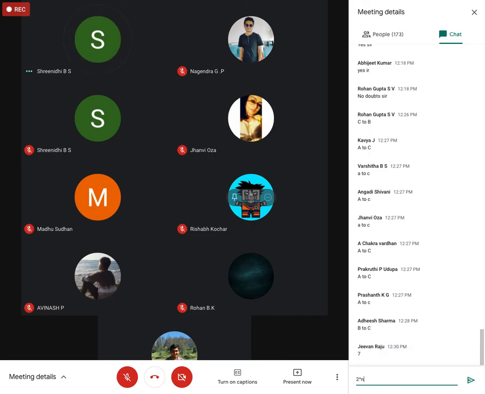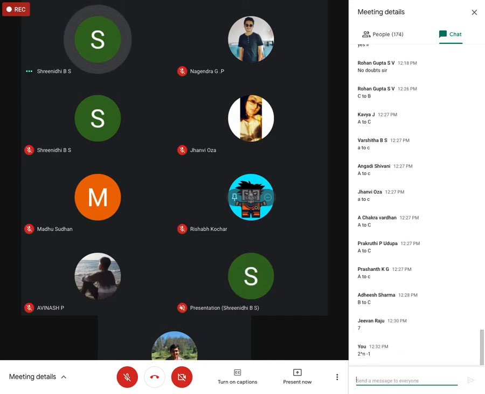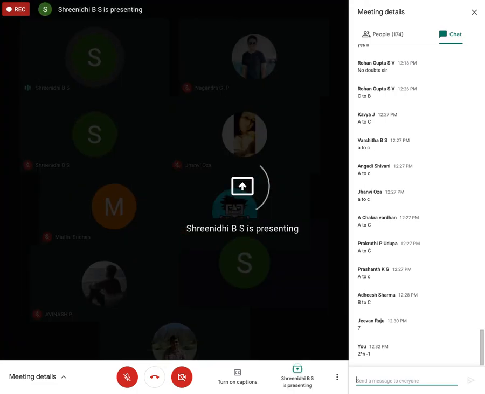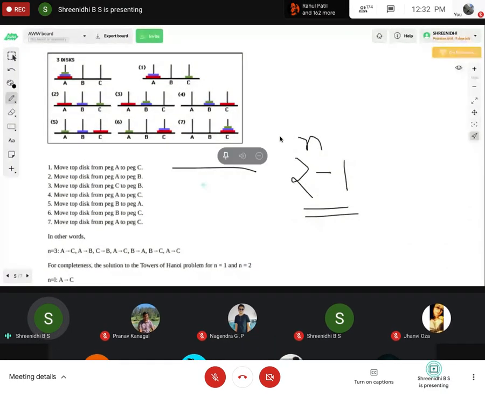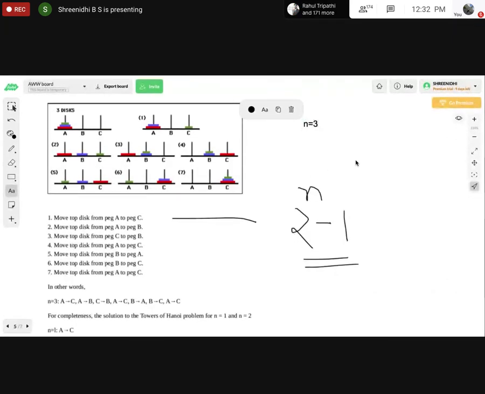The number of moves will be 2 power n minus 1. For n is equal to 3, it will be 2 power 3, that's 2 into 2 into 2, minus 1, so it's equal to 7.